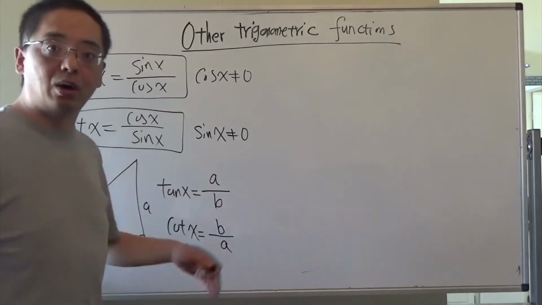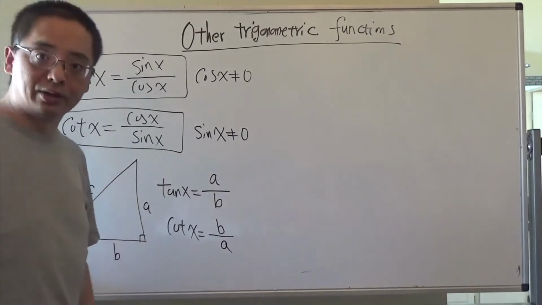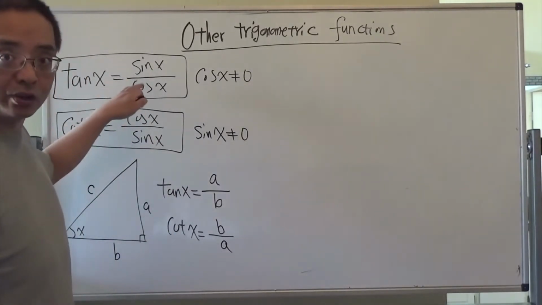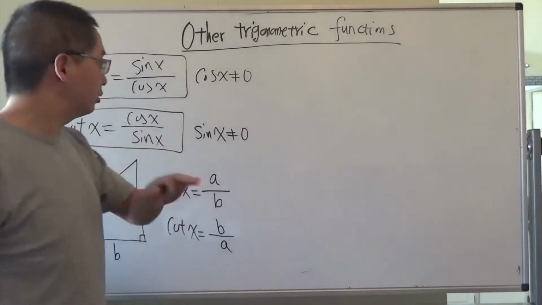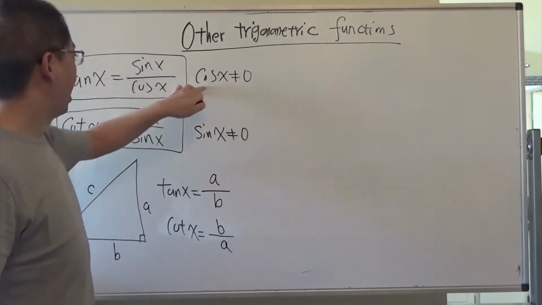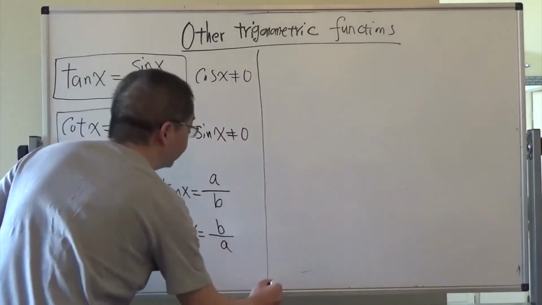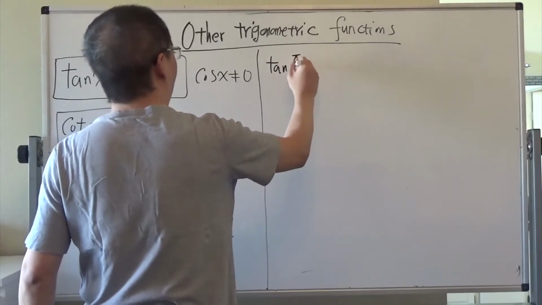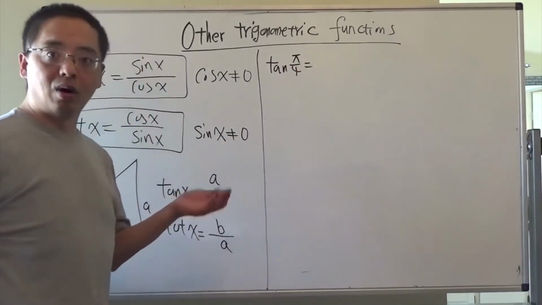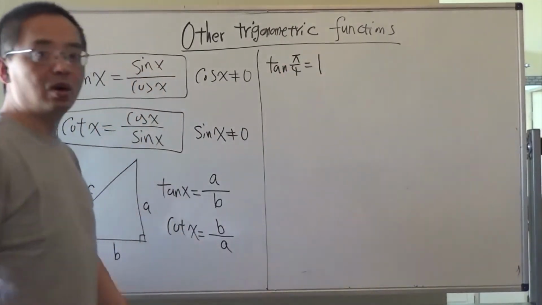Now this can also be viewed as the original definition of tangent and cotangent, and then we use the connection with sine and cosine to extend it to all real numbers as long as these two functions are well defined. For example, tangent pi over 4 is sine pi over 4 over cosine pi over 4, that is 1.